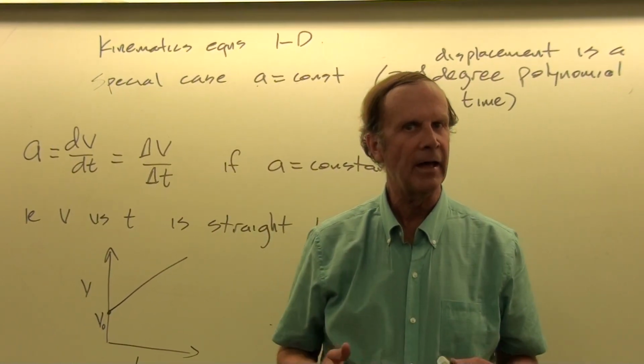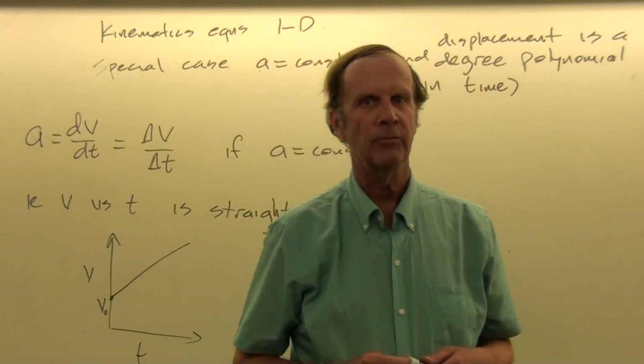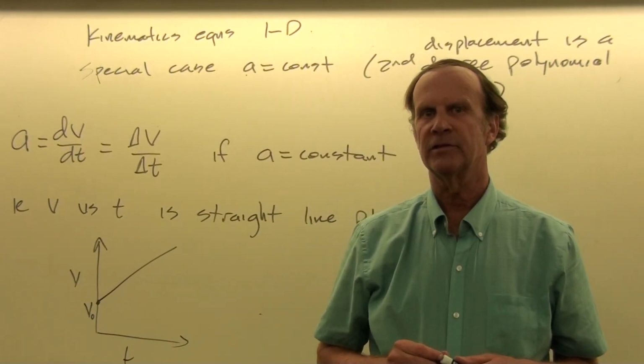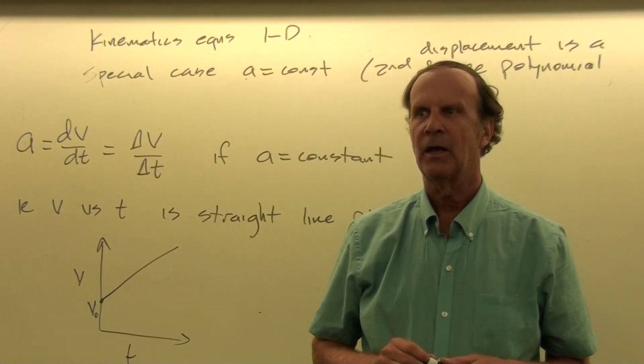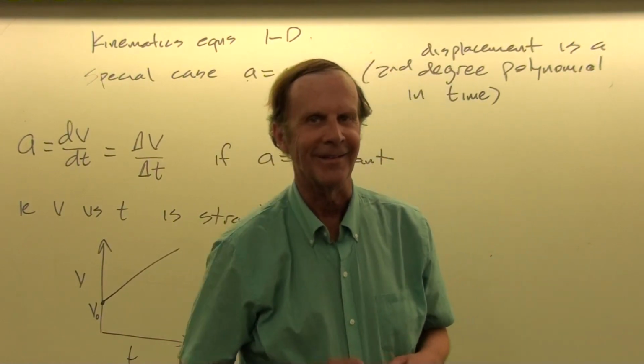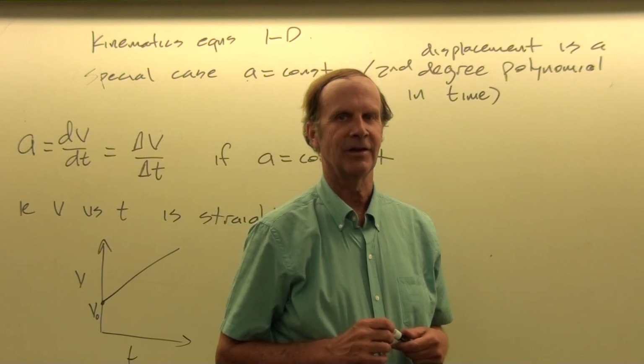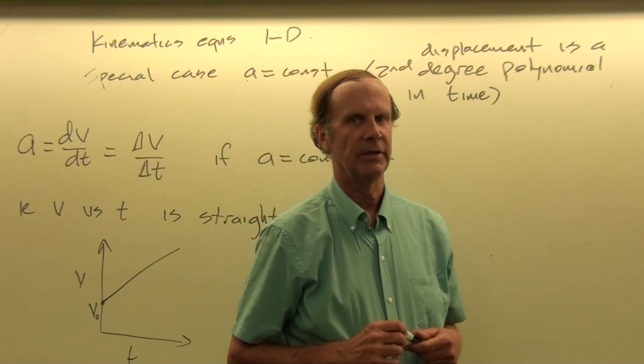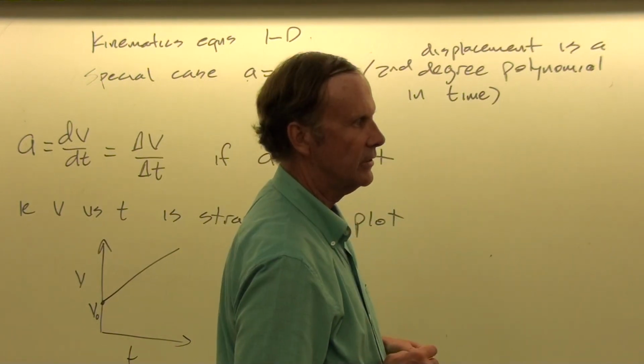And so the math is a little easier than what we did in that last example where the acceleration varied with time. And it also is very practical in that we can look at many aspects of motion as being constant acceleration processes.